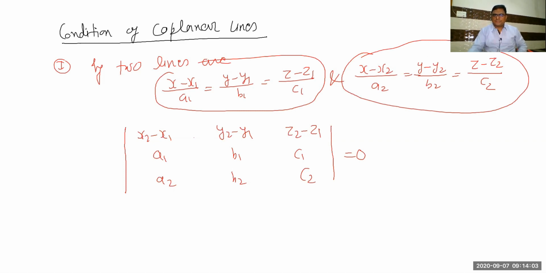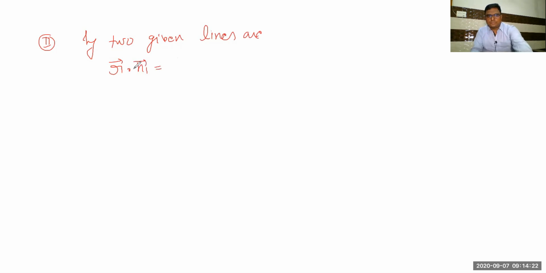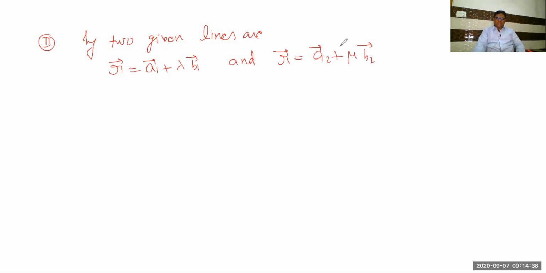Now, second: if two given lines are r vector equal to a1 vector plus lambda b1 vector, and r vector equal to a2 vector plus mu b2 vector, then the condition is b1 vector cross b2 vector dot (a2 minus a1) vector is equal to 0.